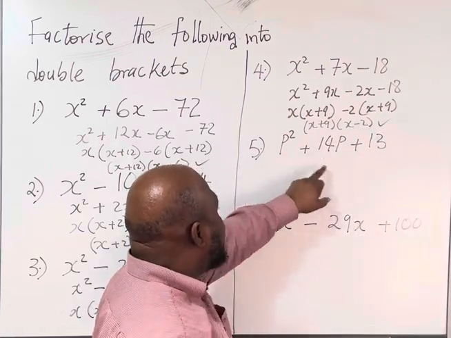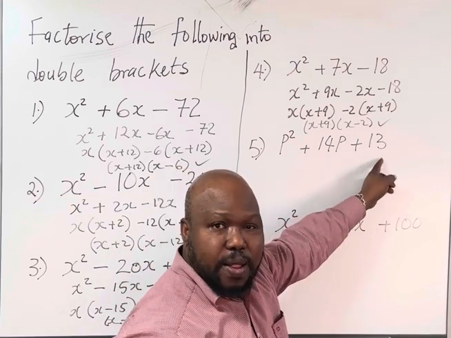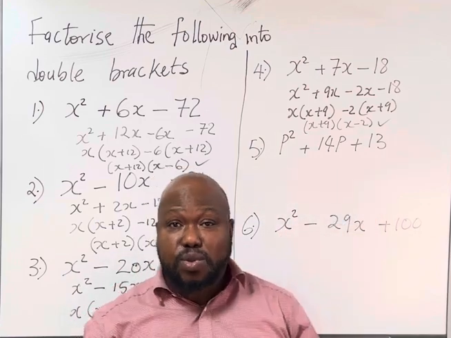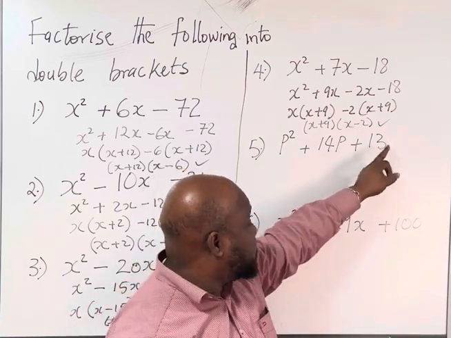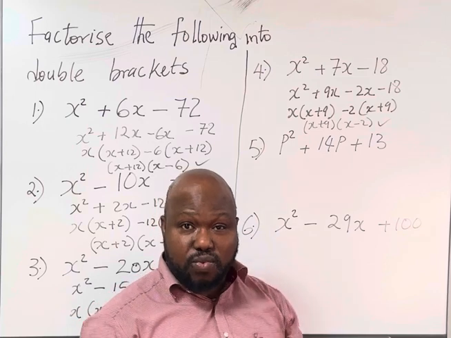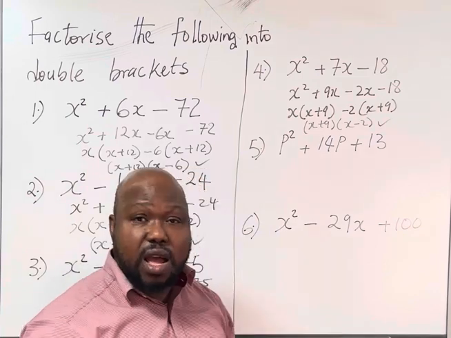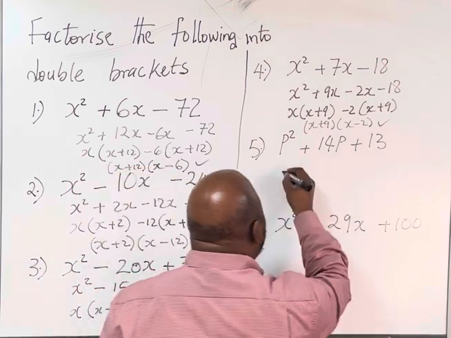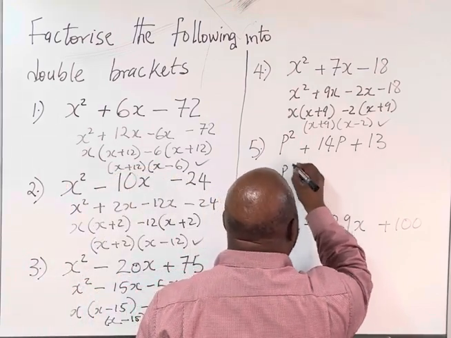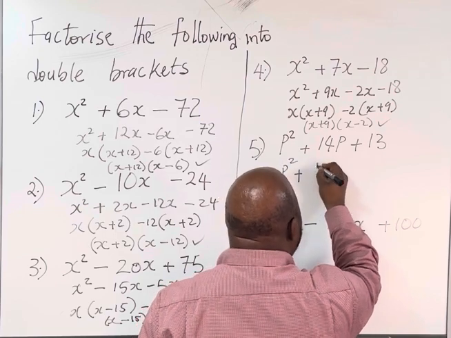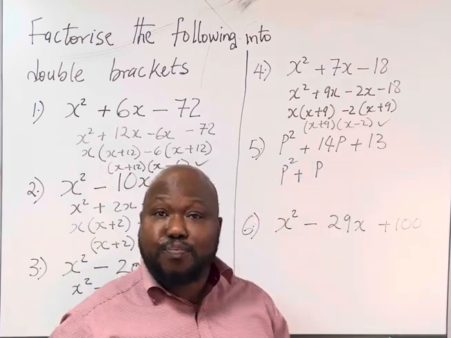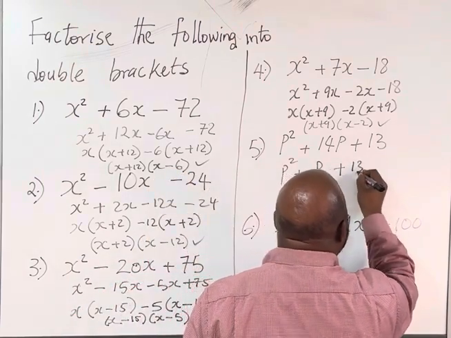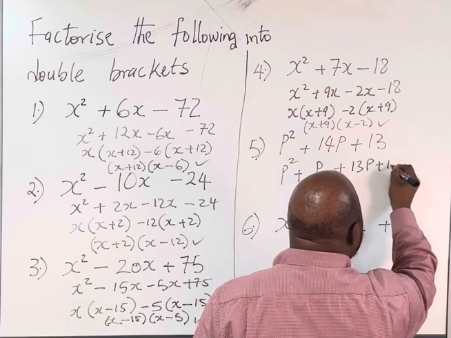The next one, we have 13 here and 14 here. We look for two numbers that multiply together to give you 13, but when you add them give you 14. We consider 1 and 13. So we have p squared plus 1p plus 13p plus 13.